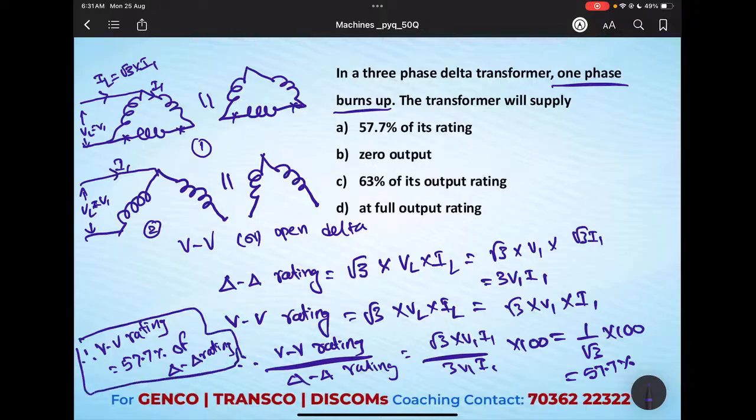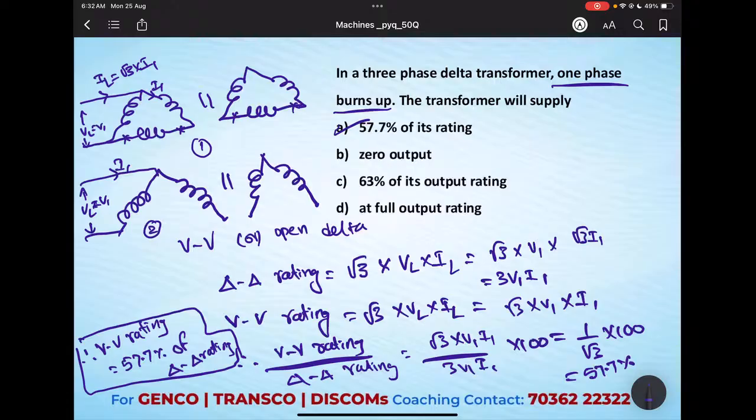What it means is, even though one phase got burned out in the delta-delta transformer, the remaining windings are going to transfer power at a rating of 57.7% of the delta-delta connection. So our option is A. Is it clear? If you have any doubts, please chat over the comment box. I will explain wherever you got stuck.